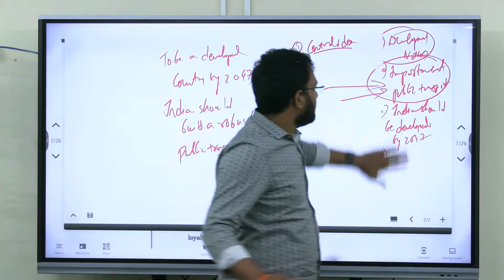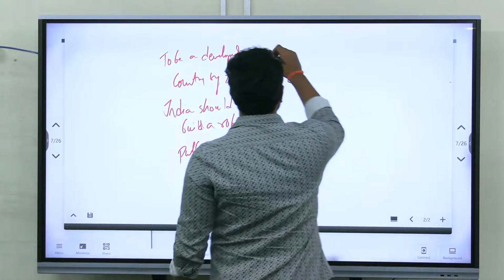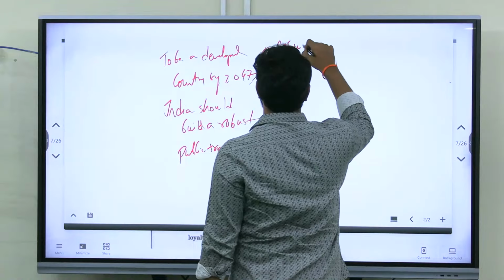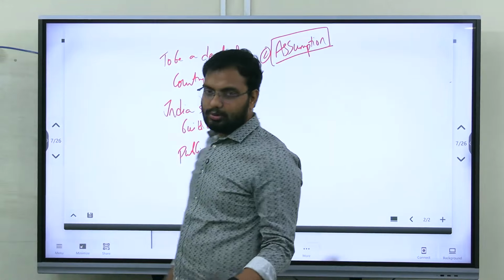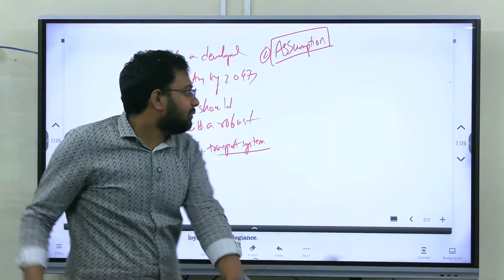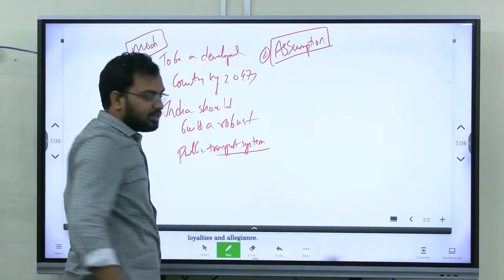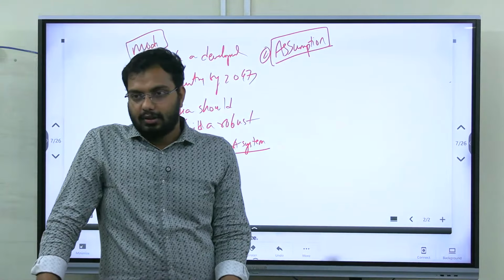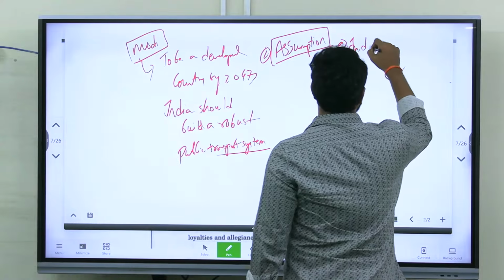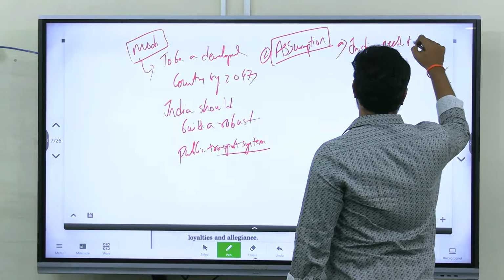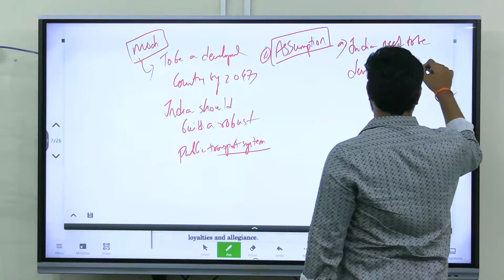Suppose for this same passage, if I ask you what is the assumption of the passage? Let's say Modi ji is giving this statement. So what is the assumption of Modi ji in this? I will also give you options. Let's say first option is India need to be developed country by 2047.